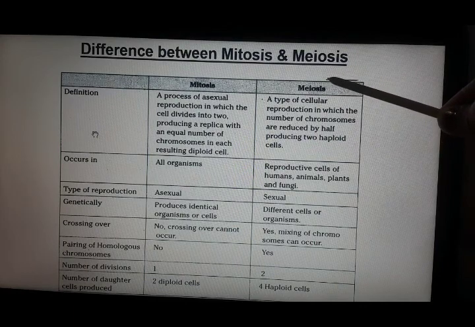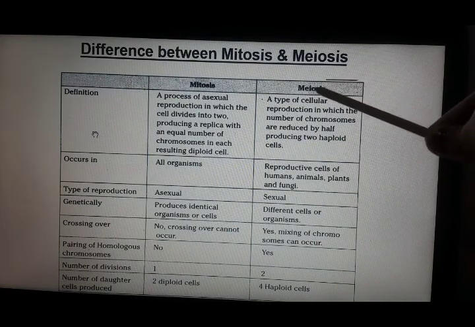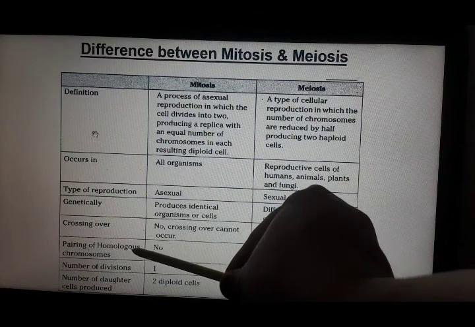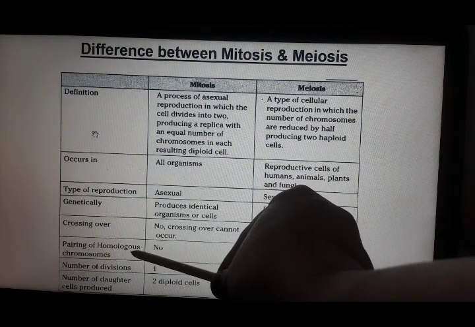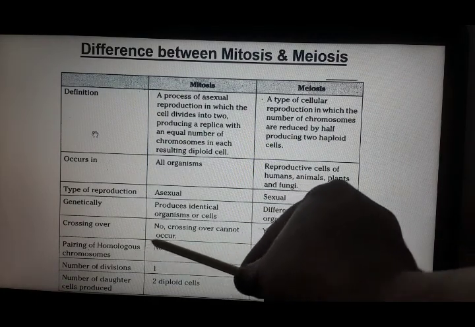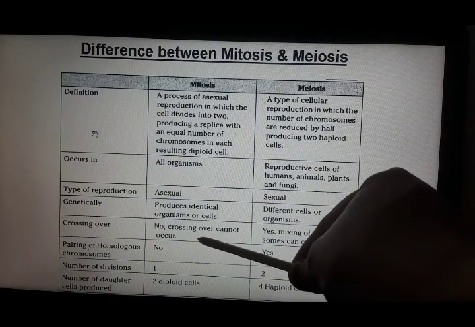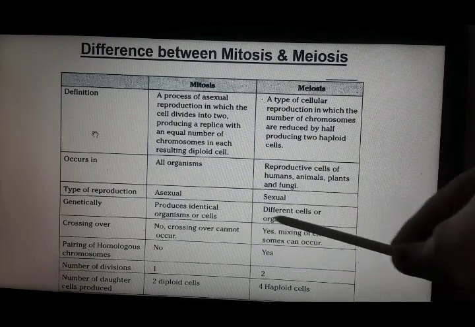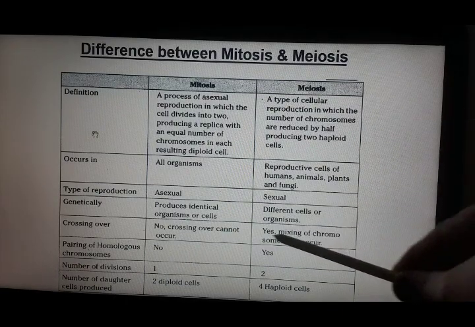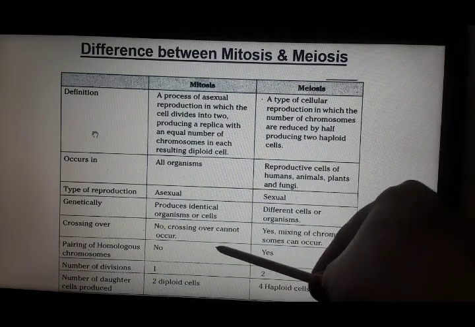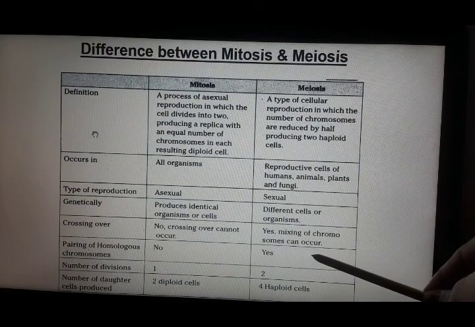Whenever you study meiosis in detail, you will come to know that there is a phase, prophase 1, where crossing over and homologous chromosome pairing take place, which is not present in mitosis. So these 2 are very important differentiations. No crossing over in mitosis, crossing over is there in meiosis; no pairing of homologous chromosomes in mitosis, and pairing of homologous chromosomes in meiosis.